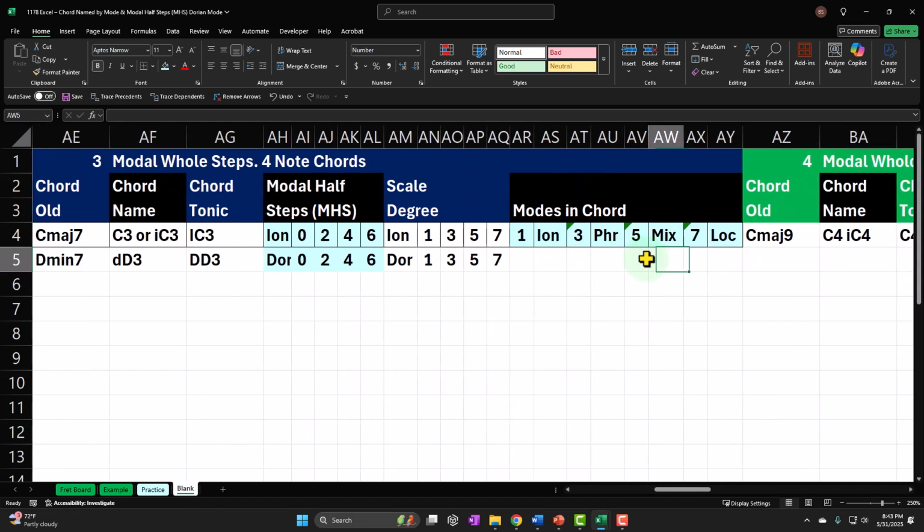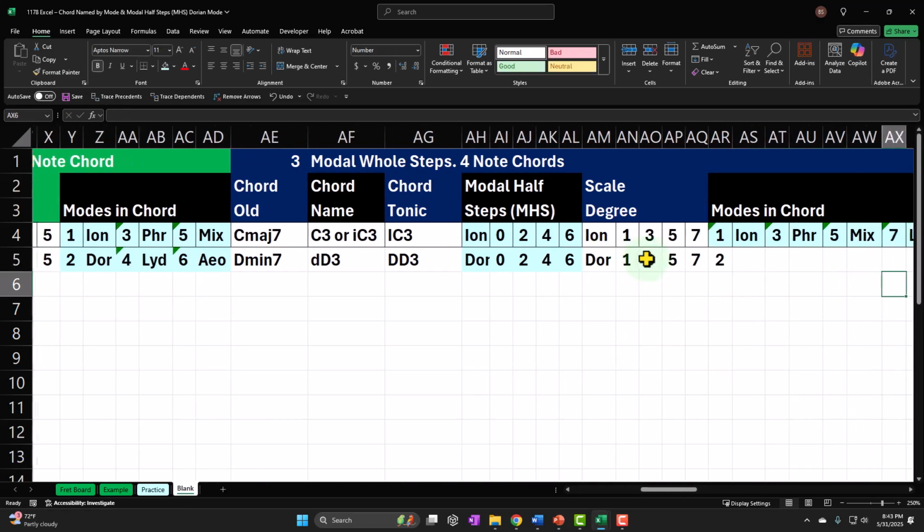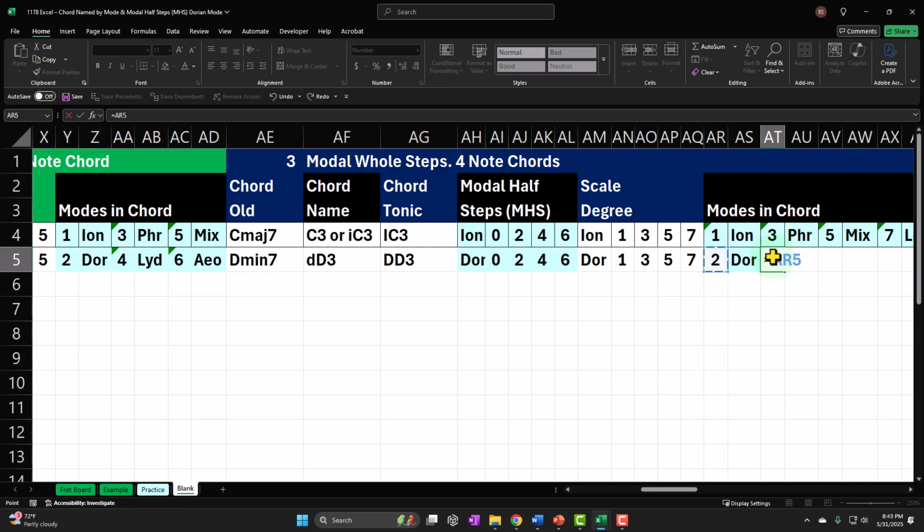And so then I'm going to say, okay, so the modes that we have, the 2 is where we start on. How are we going to name the points? Let's just copy this over here. It's going to be the Dorian, and then it's going to be the 2 plus 2, and then the 2 plus 4, and then the 2 plus 6.